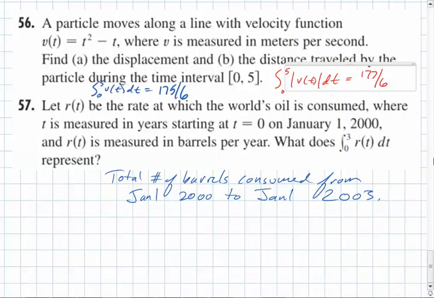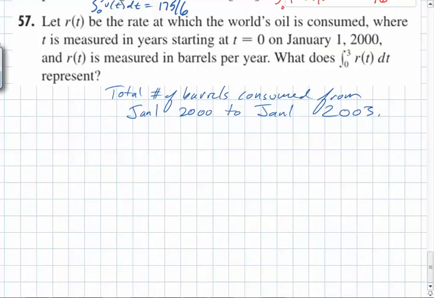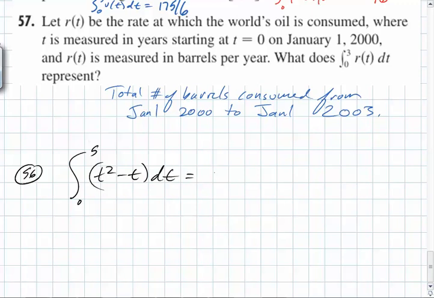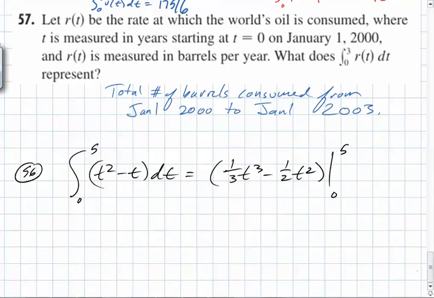By hand, shall we? Let's do the first one. So the first one for 56 is going to be the integral from 0 to 5 of, what was the equation? t squared minus t dt. And that's going to be 1/3 t cubed minus 1/2 t squared from 0 to 5. What's nice about 0? 0.